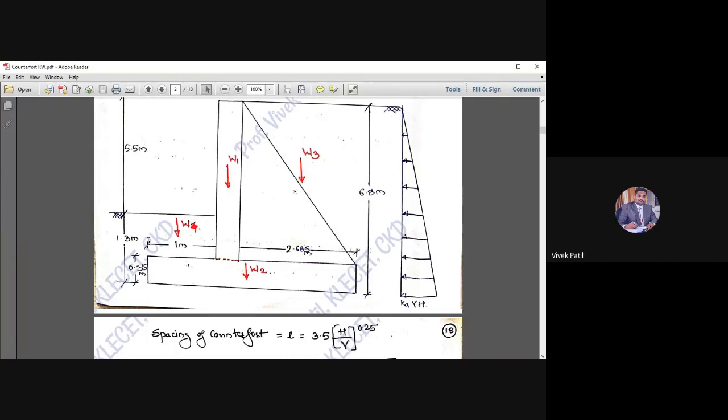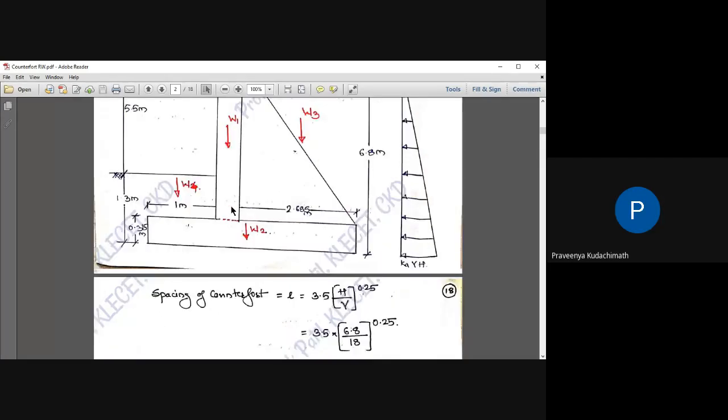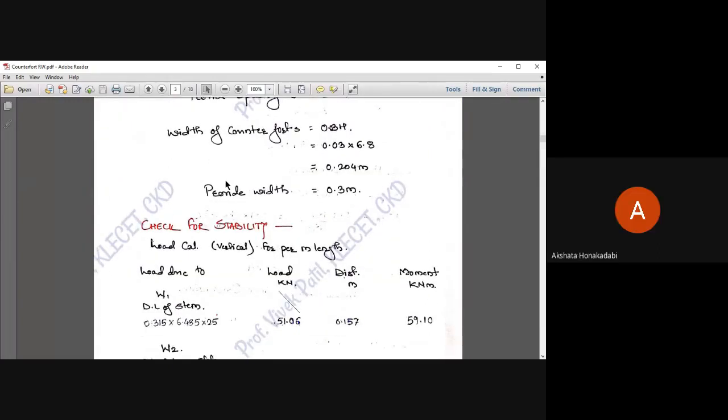It will be equal to 1 meter plus 0.315 divided by 2, that is the half of this particular thickness of the stem. So the total distance will be 1 meter plus 0.315 divided by 2, which is 1.157. By mistake I had written it differently, so it should be 1.157.